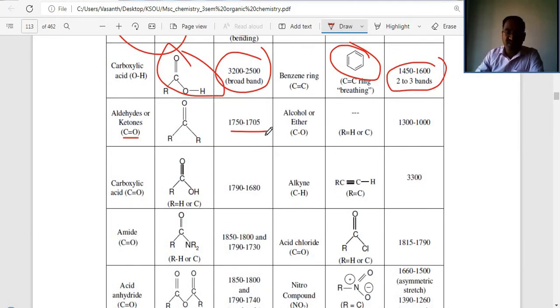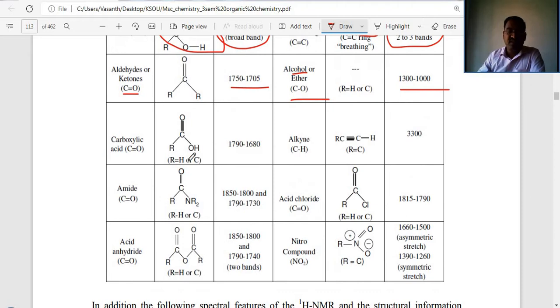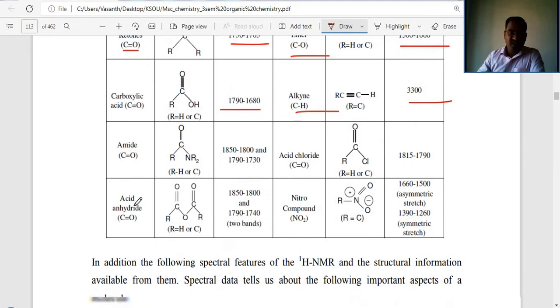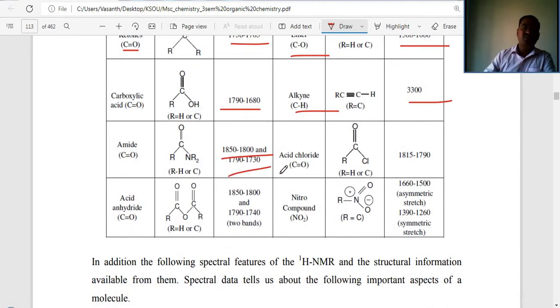These are the representations for aldehydes, which appear at 1750. Alcohols or ethers appear at 1300 to 1000. Carboxylic acid is at 1790 to 1680. Alkyne is at 3300. Amide is at 1850 to 1800 and 1790 to 1730.